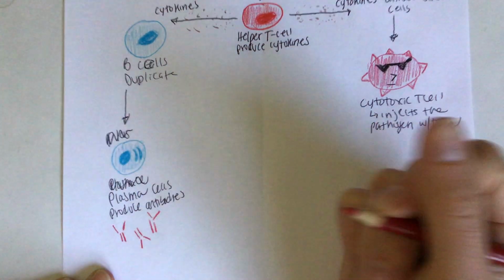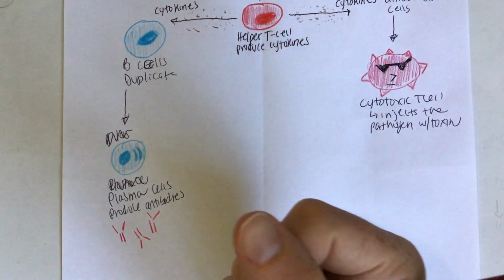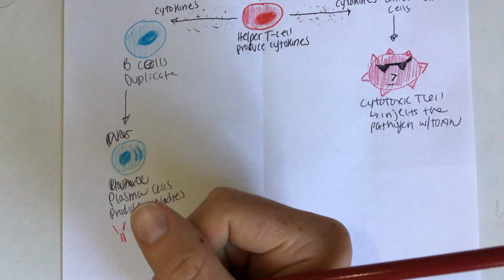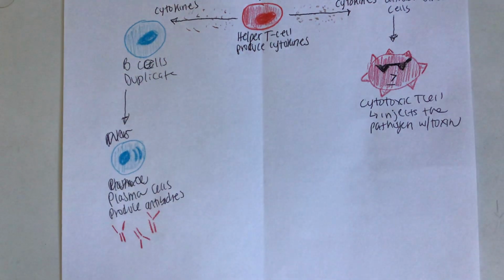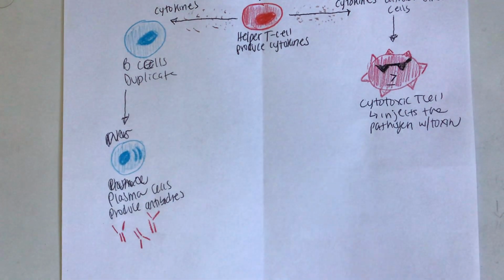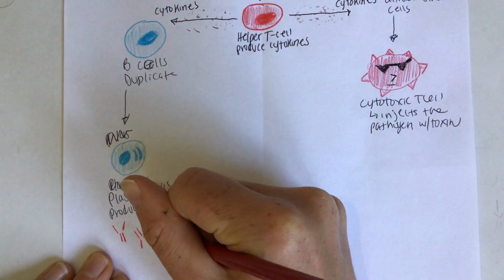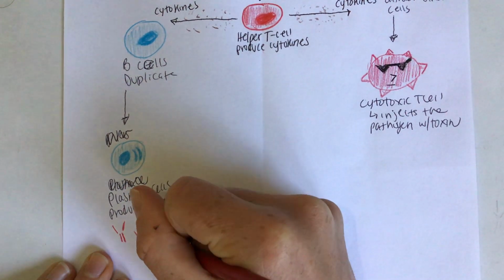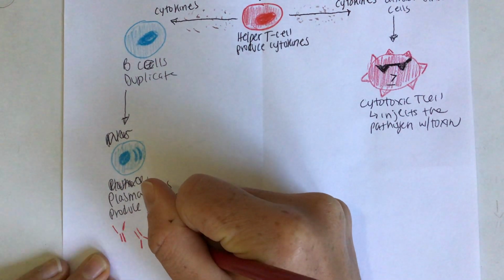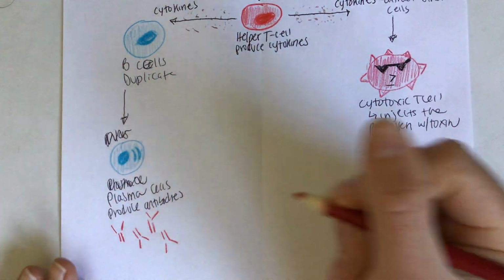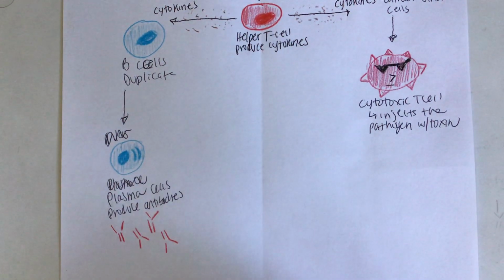And the fancy name for these antibodies is immunoglobulins, and there's a bunch of different types. So you'll see these written as Ig something: IgM, IgE, IgG. Those are all types of antibodies. And depending on the pathogen or the type of antigen that enters the body, different ones will be released to attack it.